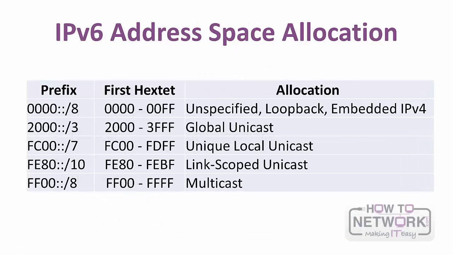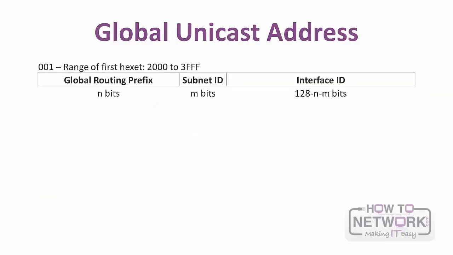The following table shows the IANA's allocation of IPv6 address space. Each of these allocations is discussed independently later in this lesson. The remaining portion of IPv6 address space is reserved for IETF for future use. The following figure shows the generic structure of a global unicast address. The previous lesson examined a /48 format that is typical for most sites, but this figure illustrates a more general structure without the specific size of the global routing prefix.